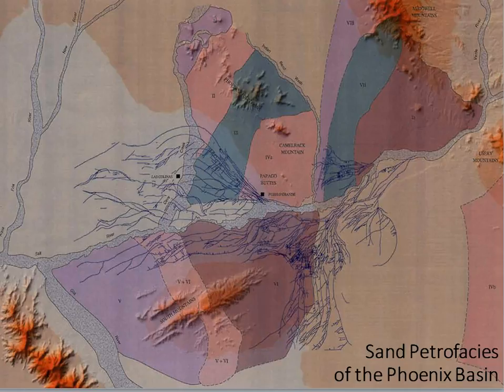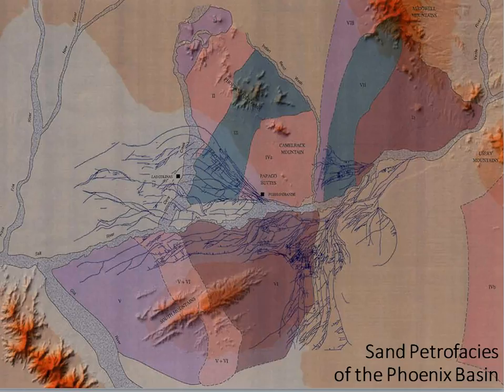This map is from the article by David Abbott and shows sand petrofacies of the Phoenix Basin. Petro, rock, facies, surfaces. So this looks at where there are sands that share the same mineral characteristics versus sands that have different mineral characteristics.